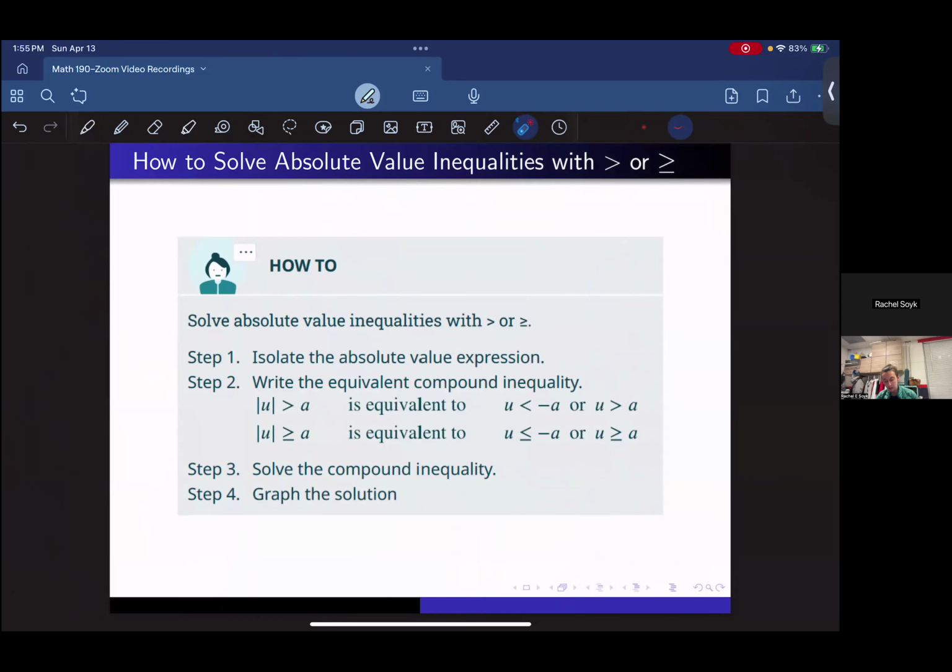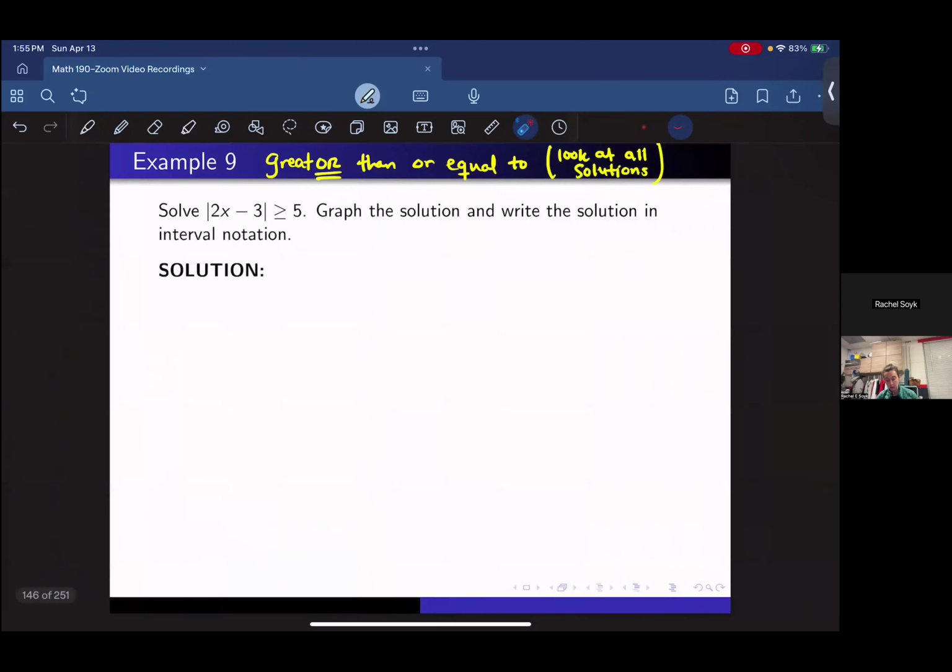And so this is the step-by-step procedure for solving absolute value inequalities with greater than or greater than or equal to. But again, we'll go through it nice and slowly as we jump into our compound inequalities, inequalities that essentially involve a few more steps. So, positive case, we drop the absolute value.